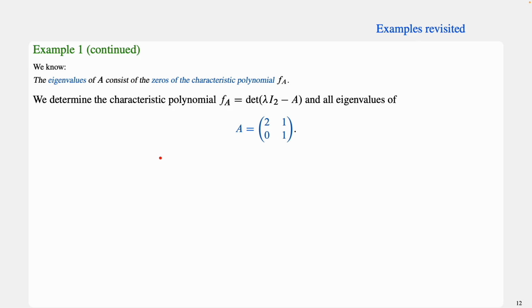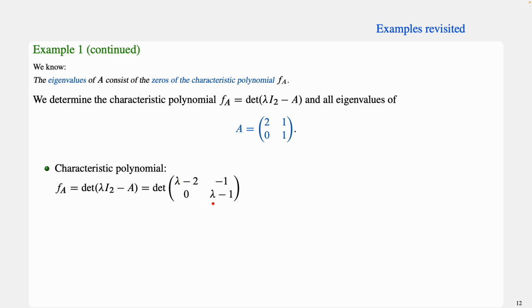Let's return to the two examples that we studied previously and study them more systematically now that we know how to compute eigenvalues. First, let's compute the characteristic polynomial of this matrix here. So what we do is we take lambda times identity minus this matrix and then compute the determinant of that.